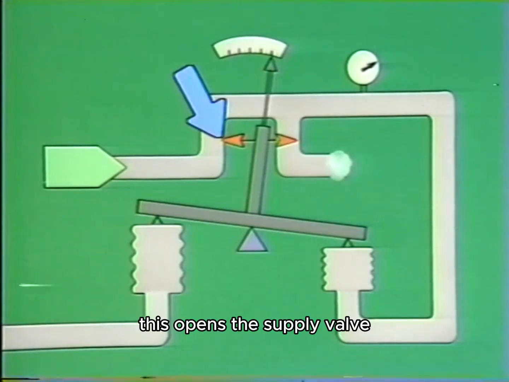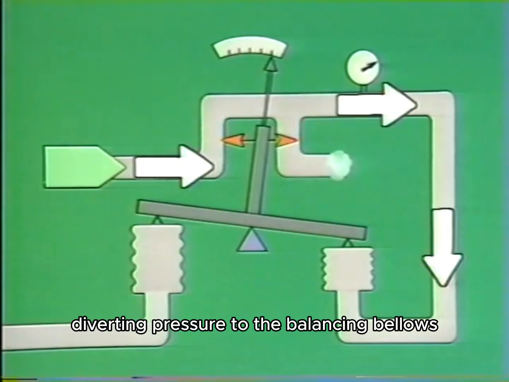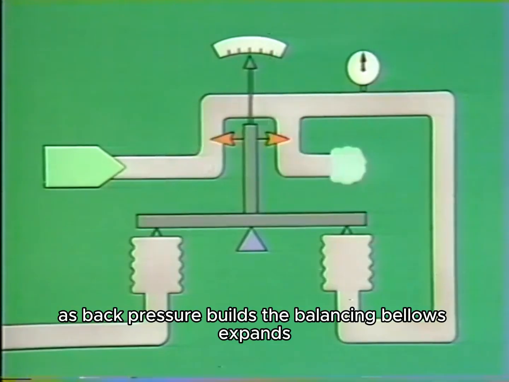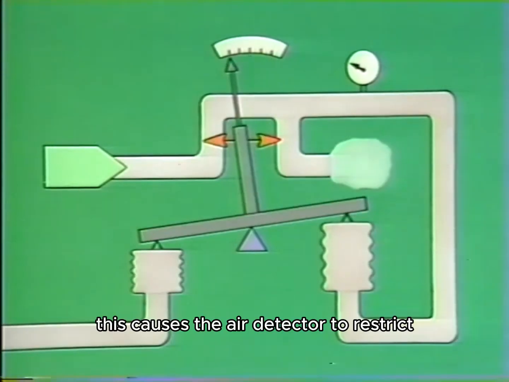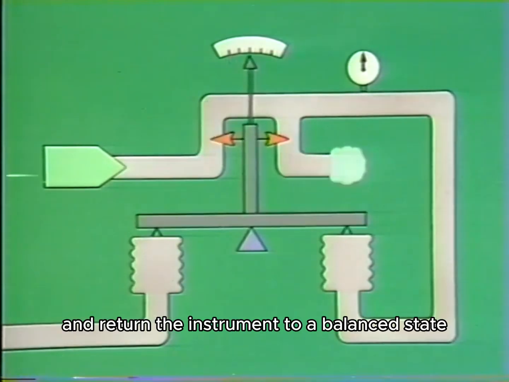This opens the supply valve and closes the exhaust valve, diverting pressure to the balancing bellows. As back pressure builds, the balancing bellows expands, opposing the expansion of the input bellows. This causes the error detector to restrict the flow of supply air and return the instrument to a balanced state.